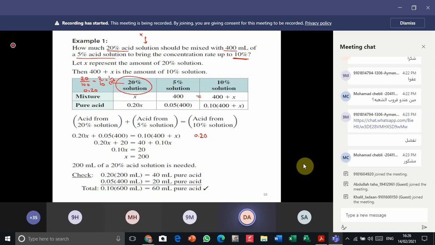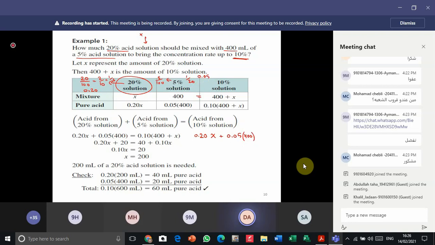Of the milliliters of acid solution. This is the X. And now plus 5%, so we have 0.05 because this is 5 over 100. We can put it like this, or 1 over 20, or 0.05. Multiply by what?